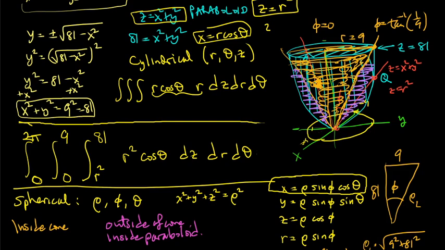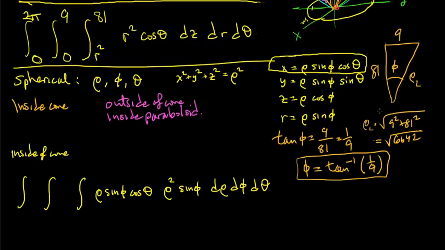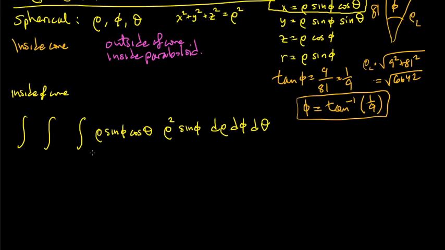Rho is just going from 0 to the upper plane, z equals 81. The problem is there is no z in spherical coordinates.